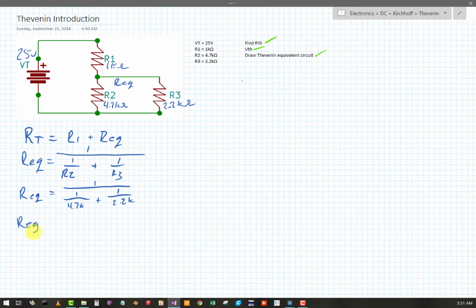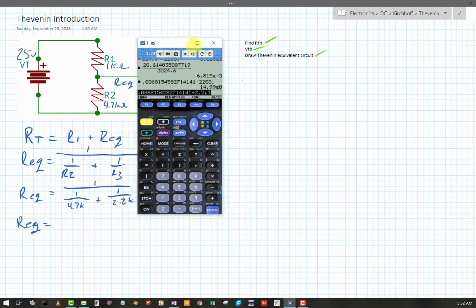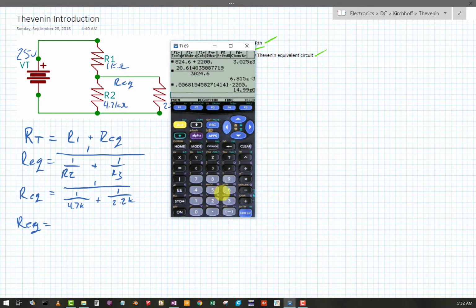So let's bring the old calculator just to show it. Clear. So 1 divided by a couple of parentheses, 4.7k. Let's keep that number, plus, not times, 1 divided by 2.2k, get old R3 in there.